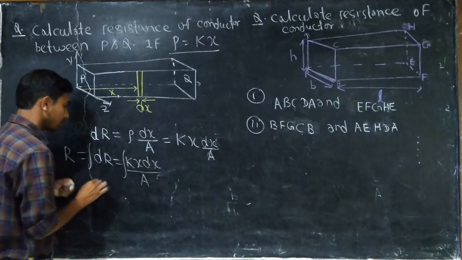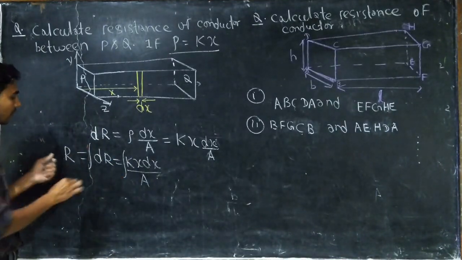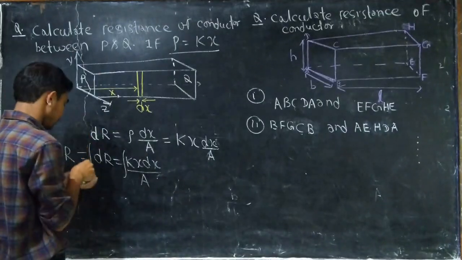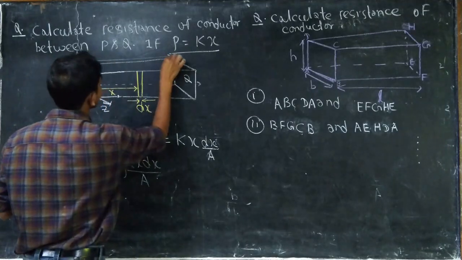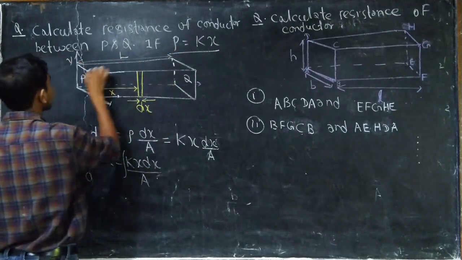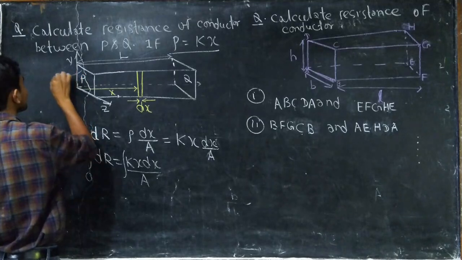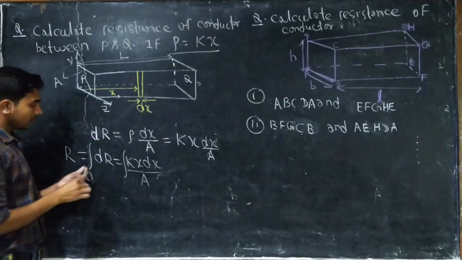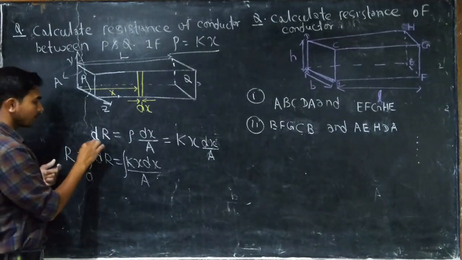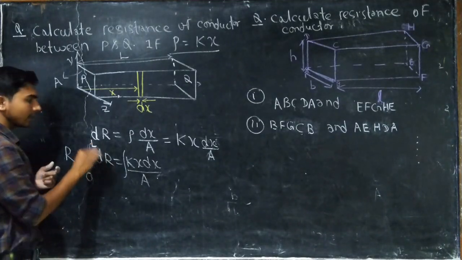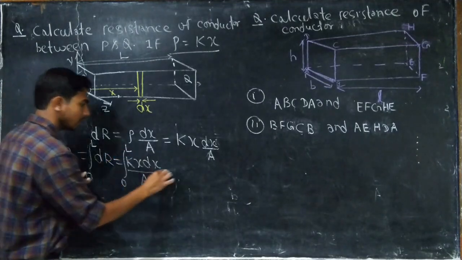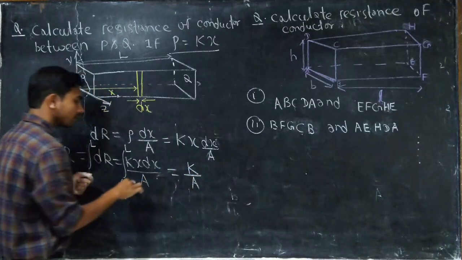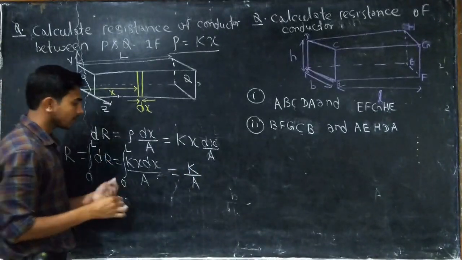So the value of x varies from 0 to L. The length of the conductor is given as L, and this area is also given in the question, that is A. So x is changing from 0 to L. K by A is constant, so it will come out.